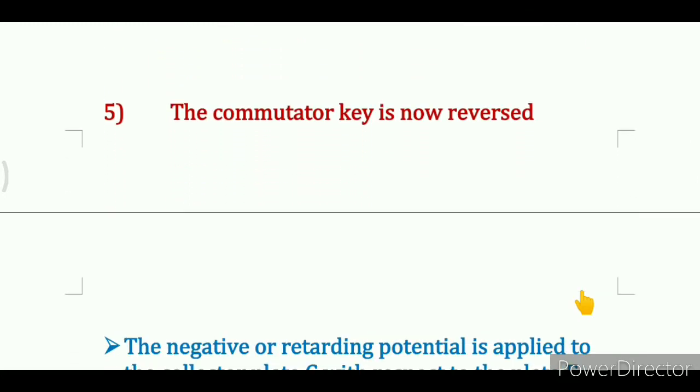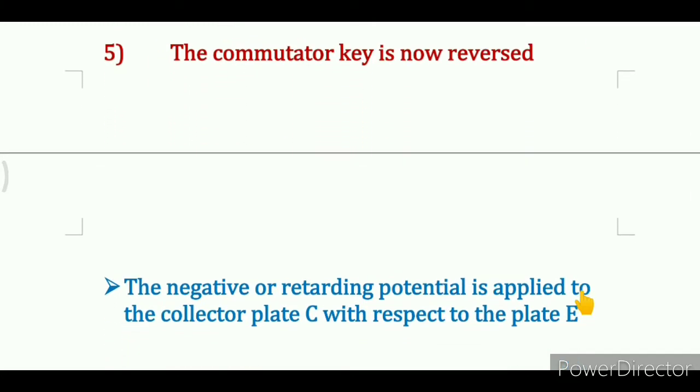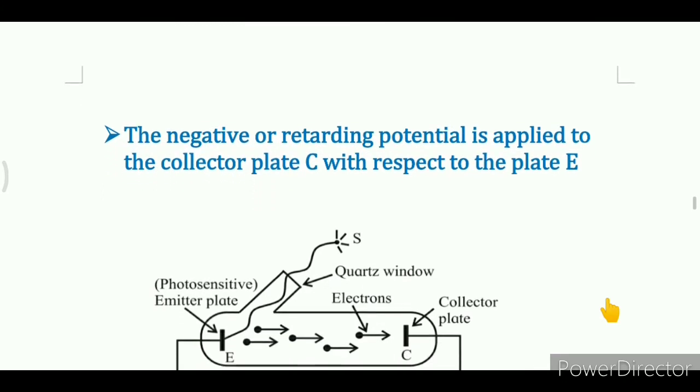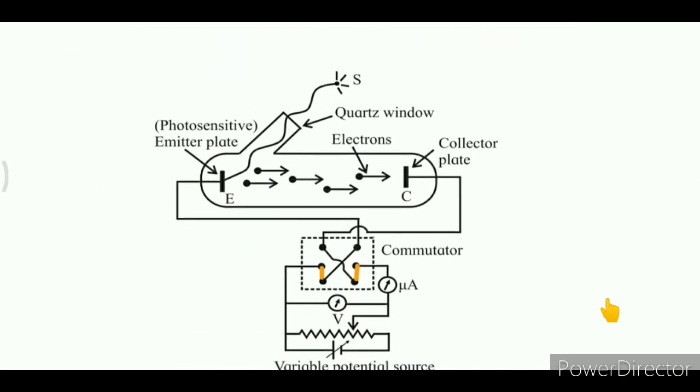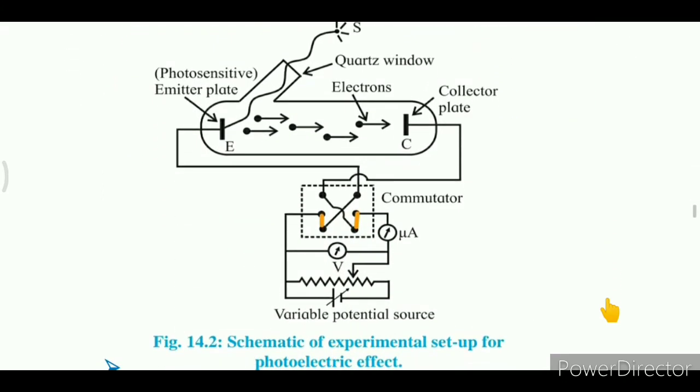When the commutator key is reversed, the negative, or we can say the retarding potential, is applied to the collector plate C with respect to the emitter plate E. Let us see the circuit diagram again for this setup.